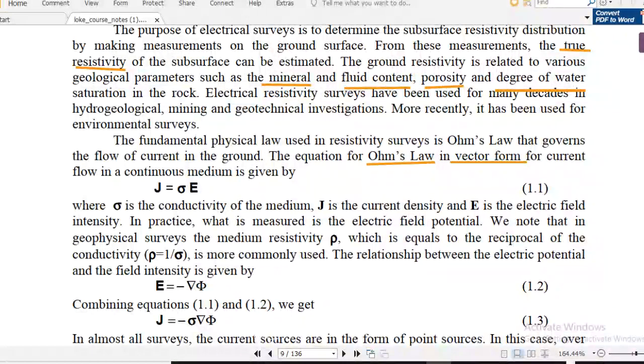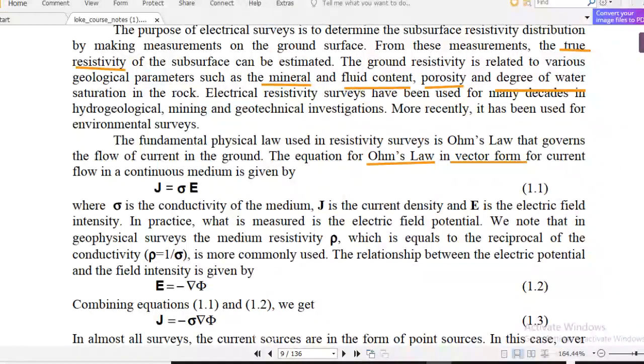In practice, what is measured is the electrical field potential. When we do it in the field, we measure the potential drop. Once we know the current, the amount of current we released into the subsurface, and we measure the potential drop, we can determine the resistance.